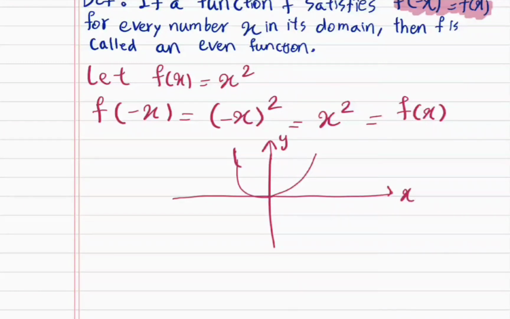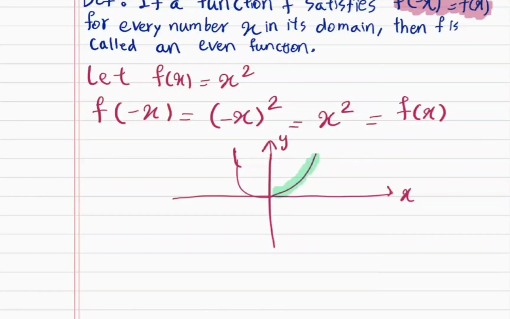The interesting fact here is that if a function is an even function, then whenever you consider the part of the graph that is for the positive x values, in an even function always the reflection of the positive side of the graph through the y-axis tells you that this is an even function.